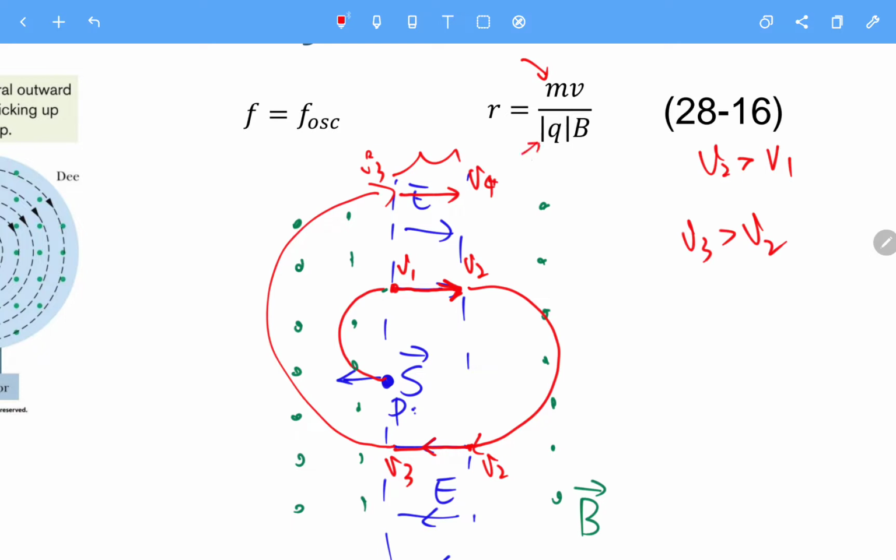So these two terms are fixed. So here we have r proportional to v over b.